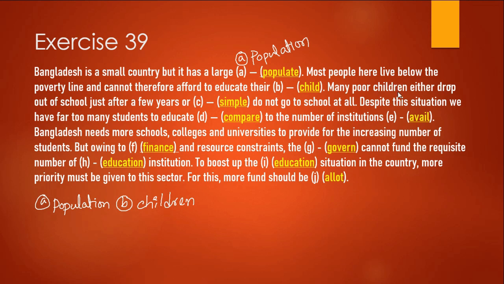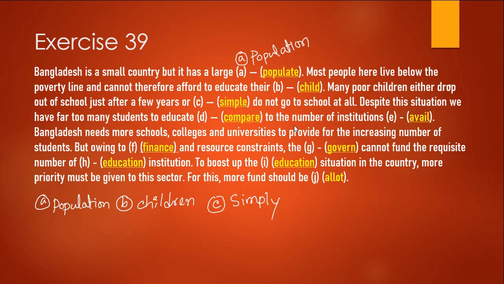Many poor children either drop out of the school just after a few years or simply do not. So C number answer is simply do not go to school at all.